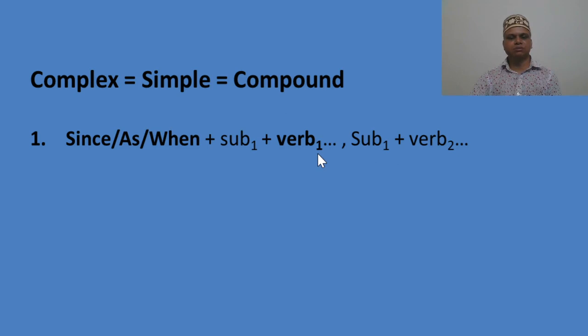It is the subject of the dependent clause. Subject 2 is the subject of the independent clause. Here the three dots refer to the rest of the sentence.